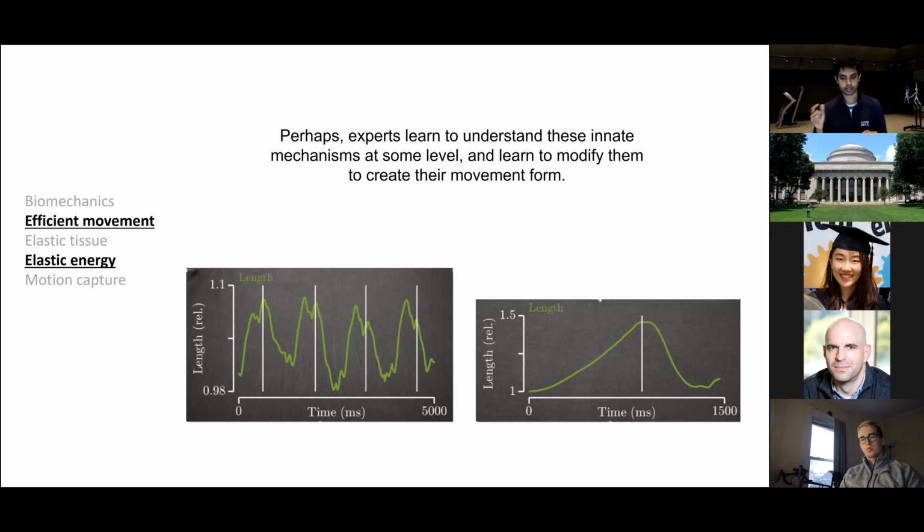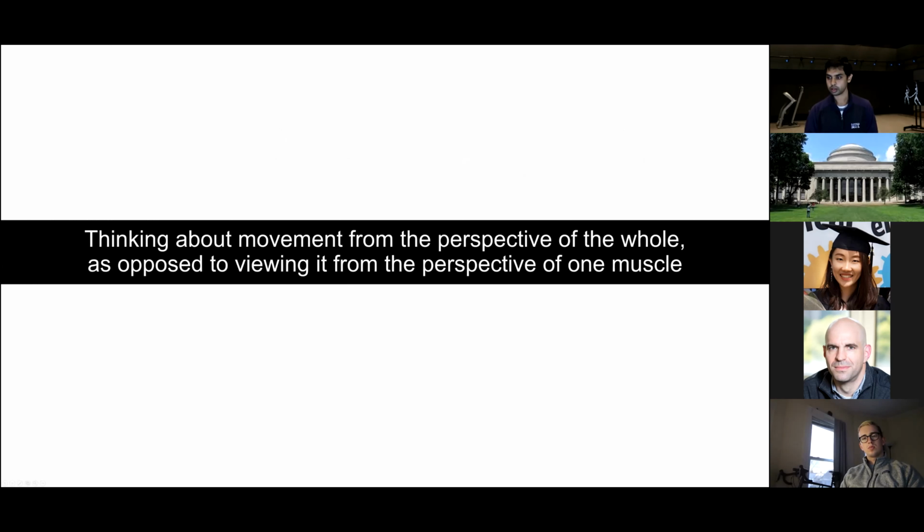We just modify them in very specific ways to create all of these different types of movements. Thinking about movement from the perspective of the whole, I said, is very important in terms of applying it, as opposed to thinking about it from the perspective of one muscle.